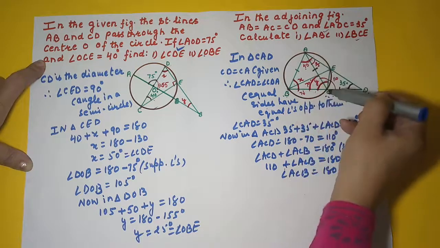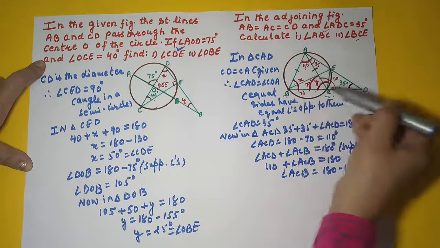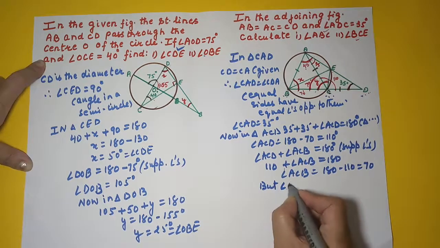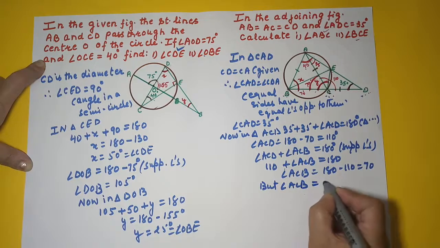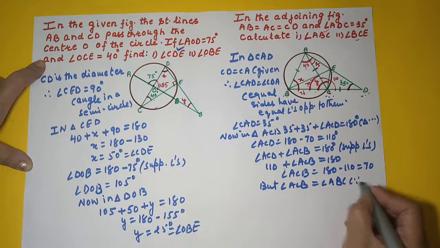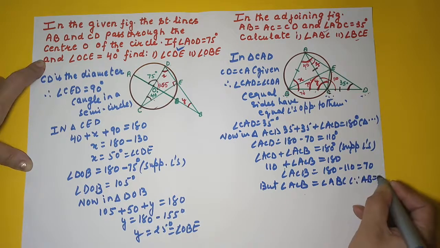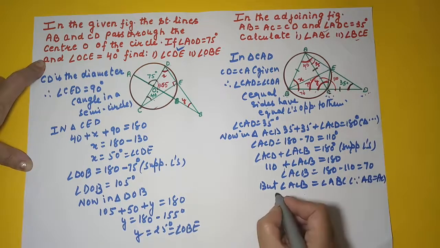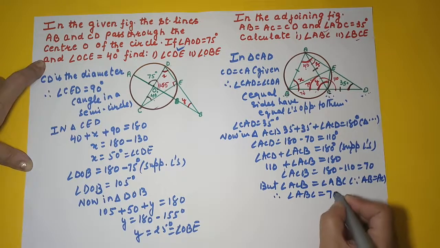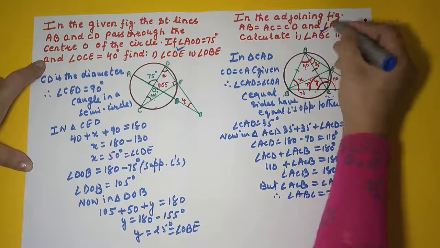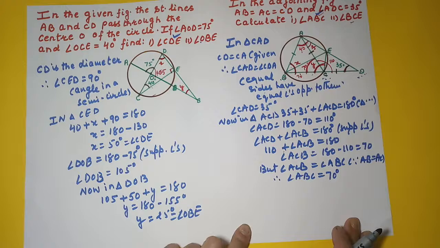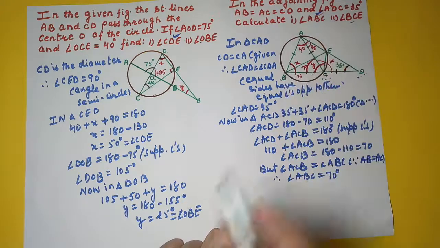But your angle ACB is equal to angle ABC. Why? Because AB is equal to AC, that is given. Therefore, angle ABC is 70. So you got your ABC. Now you have to calculate angle BCE, right?